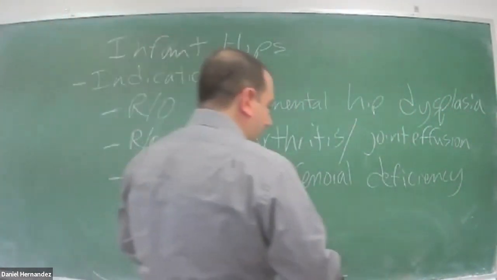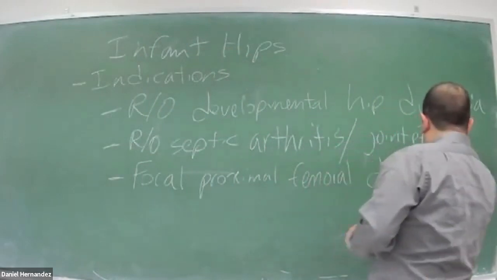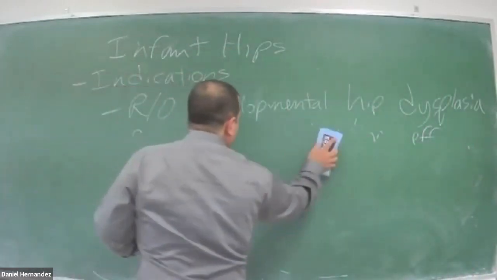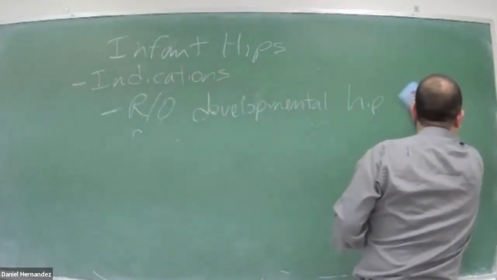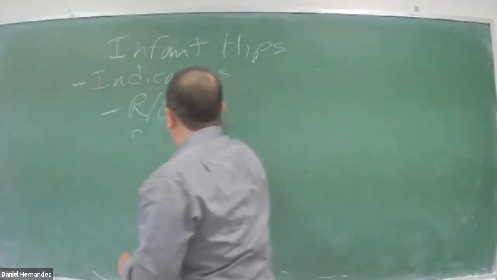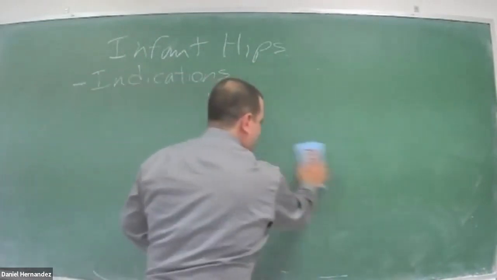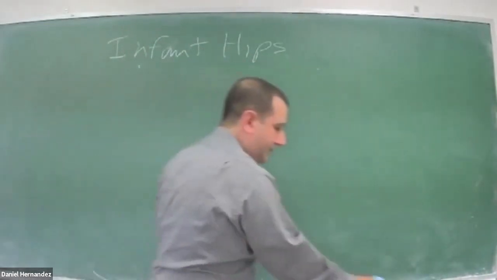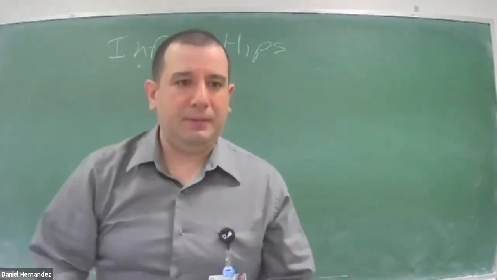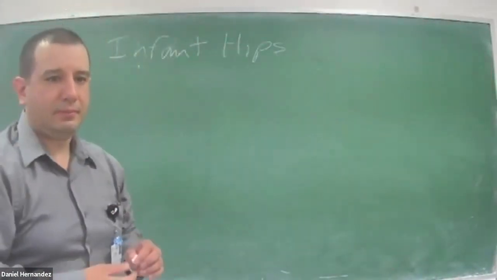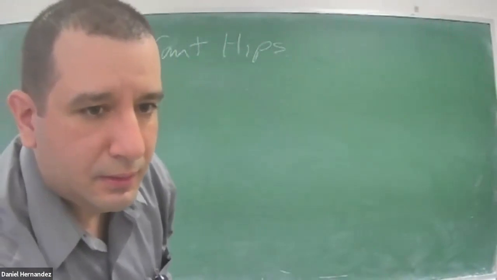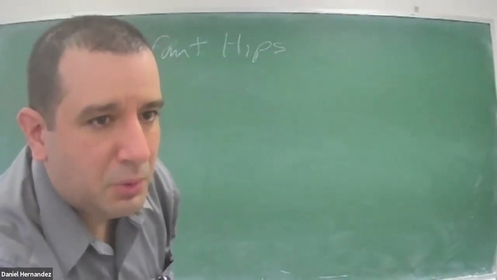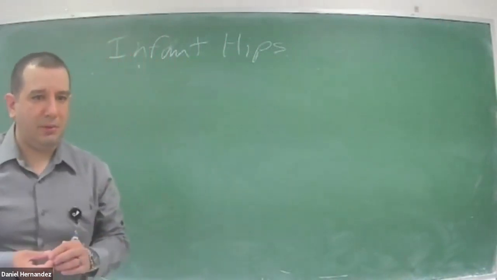Some basic anatomy. I don't want to go too much into the anatomy on the PowerPoint slides because it's very in-depth, but it's good to know your basic landmarks. For the hip, in bones and cartilage we have the sacroiliac joint.